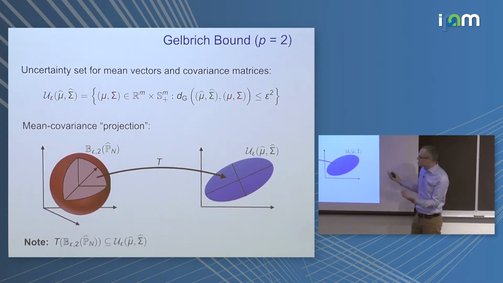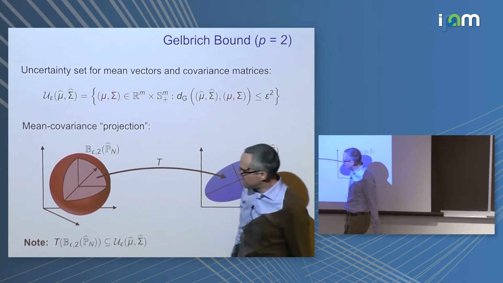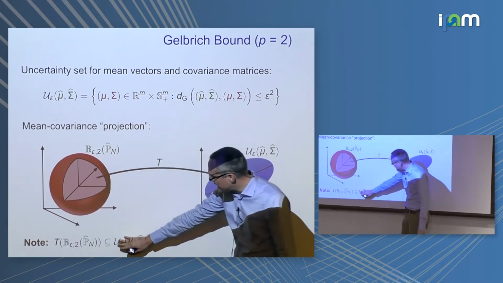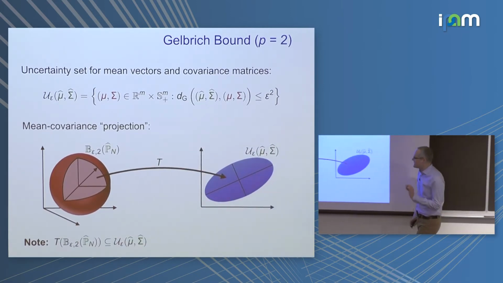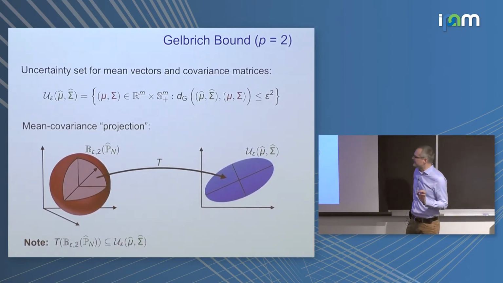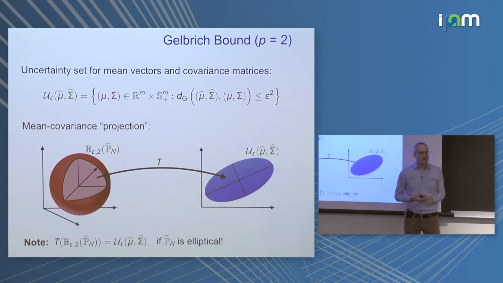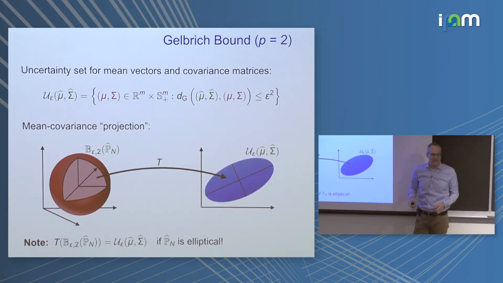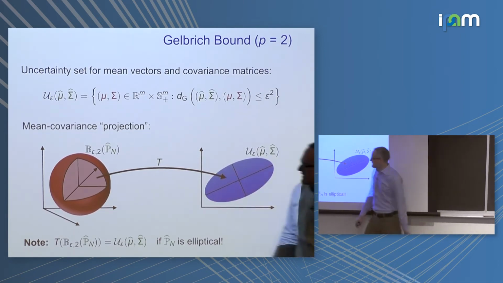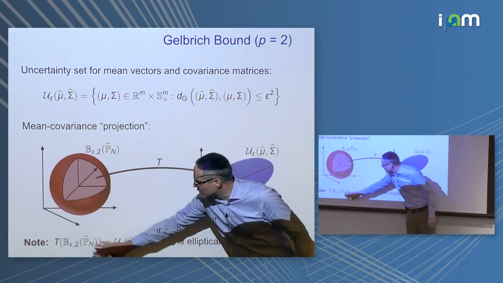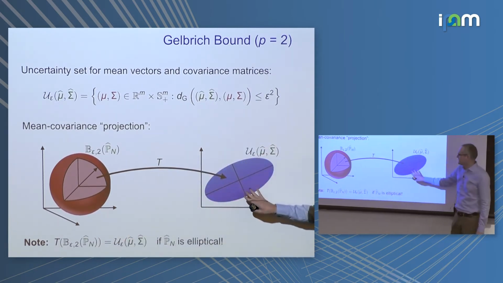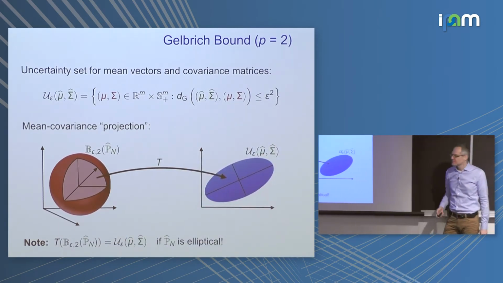So basically, the image of the Wasserstein ball under T is contained in this uncertainty set. And more notably, if the nominal distribution P hat is an elliptical distribution, then because in this case the Gelbrich bound becomes exact, one can show that this mapping is surjective. So in this case, the image of the Wasserstein ball under T is exactly equal to this uncertainty set.